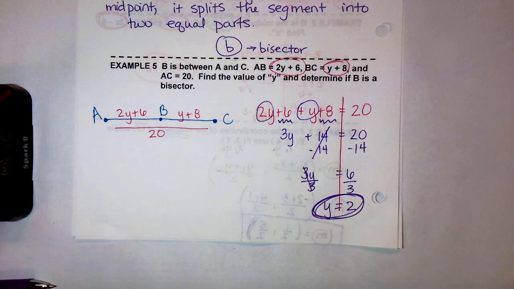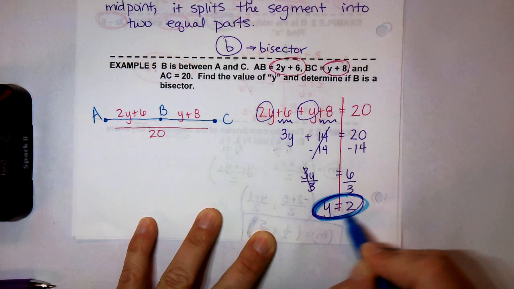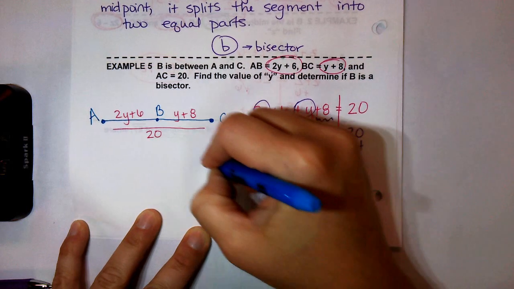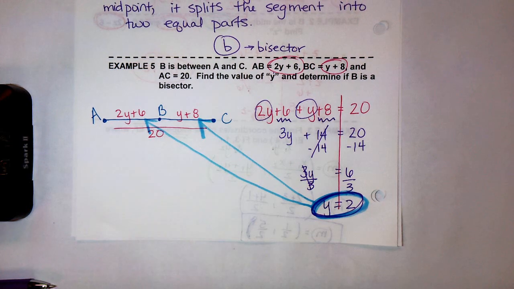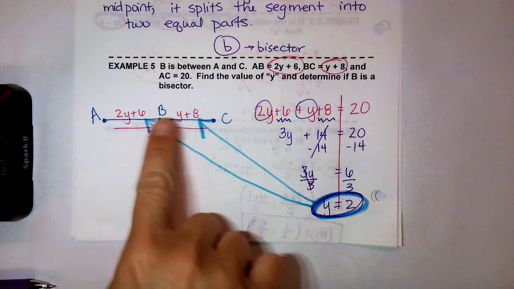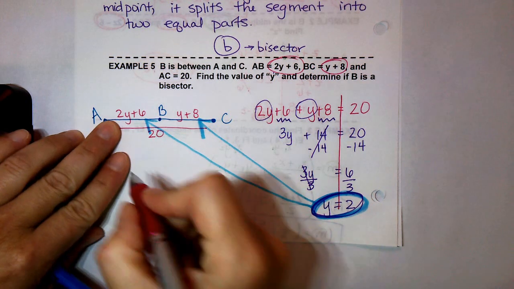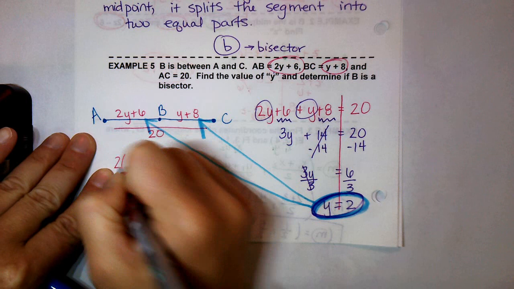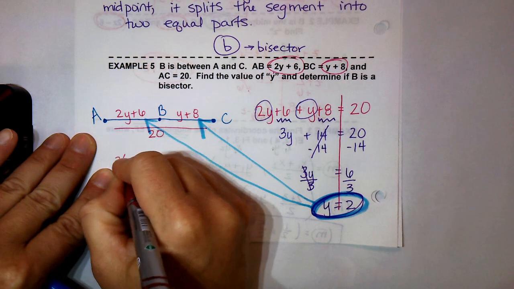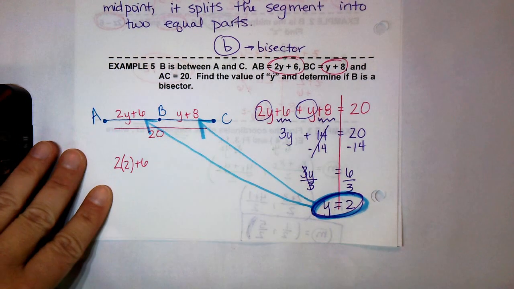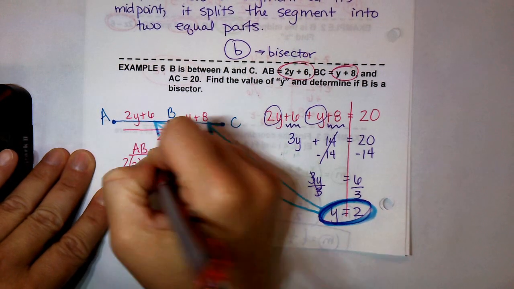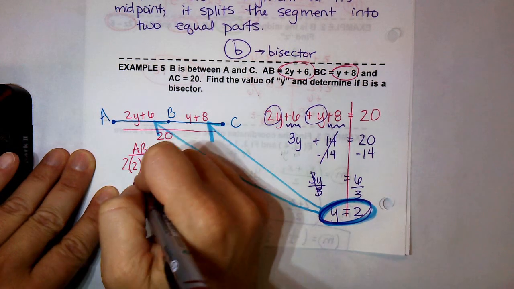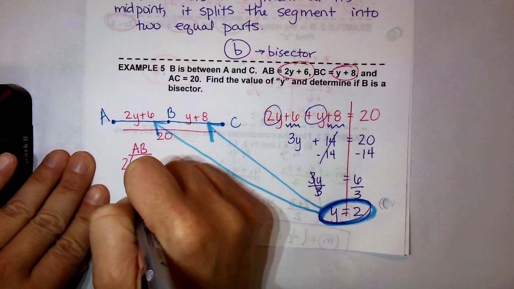So how can I determine if B is in the middle? If y equals 2, then I have to plug it into each one of these sides to see if they're equal. Right? So I'm going to plug it into AB. So 2 times 2 plus 6. That's AB, if you're labeling. 2 times 2 is 4, plus 6 is 10.